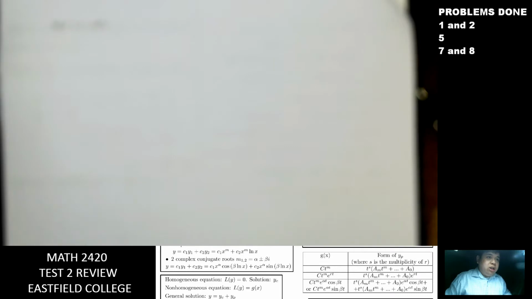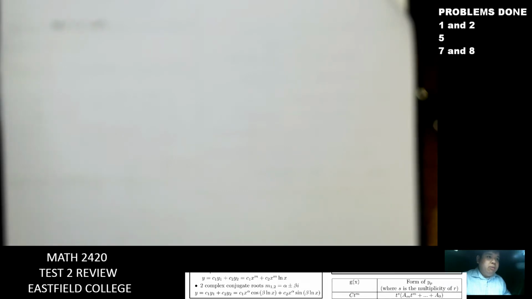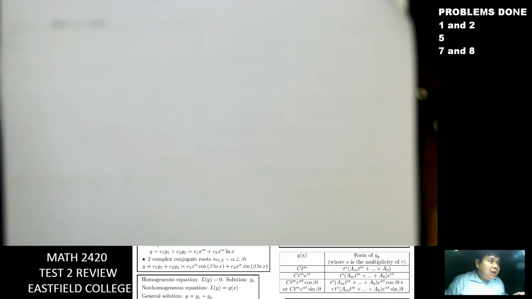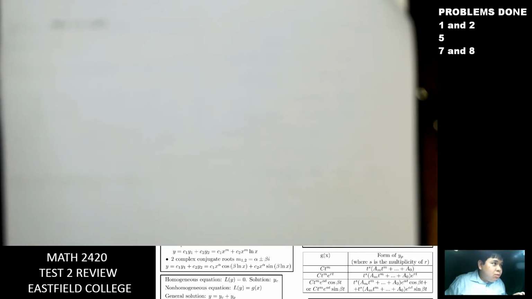Cosine square is not in any of these forms.